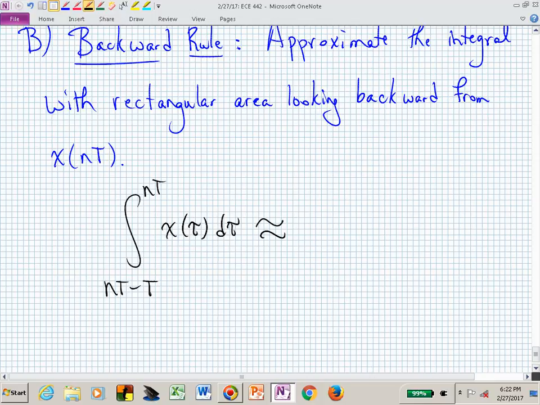Now we approximate it with its width, which hasn't changed. It's still the sampling period, but now the height is the height of x of t at time t, which is x at time nT, and we're looking backward from that point to get that little sliver's approximation of its area.